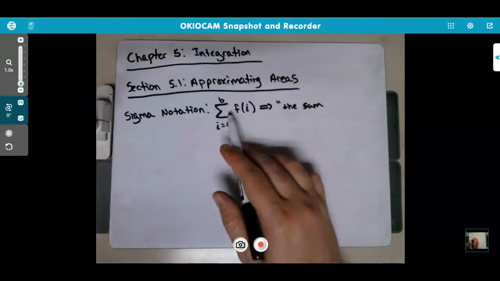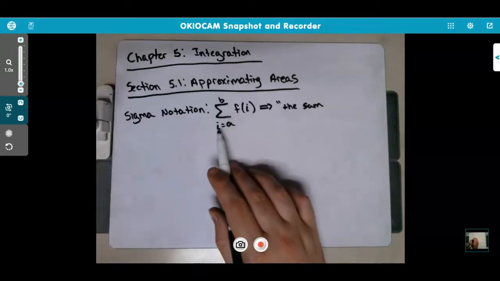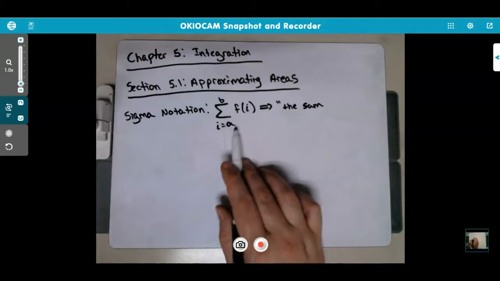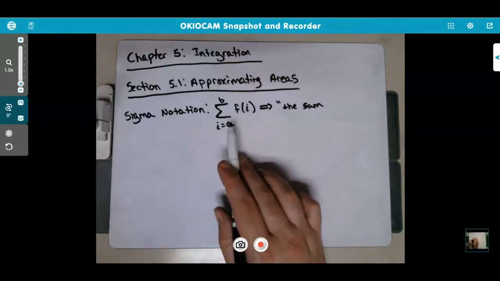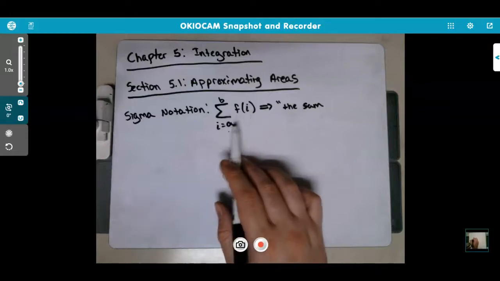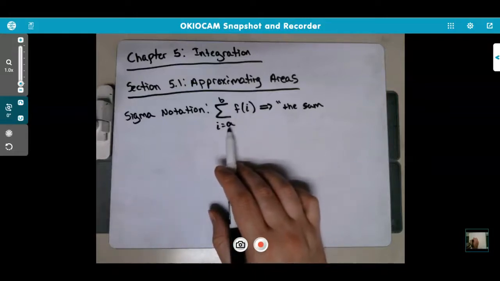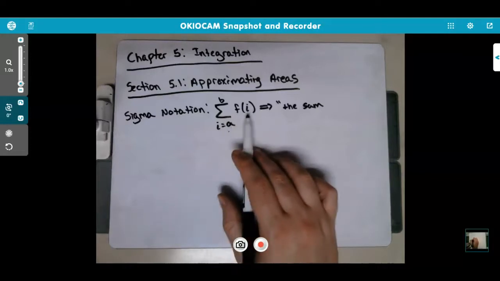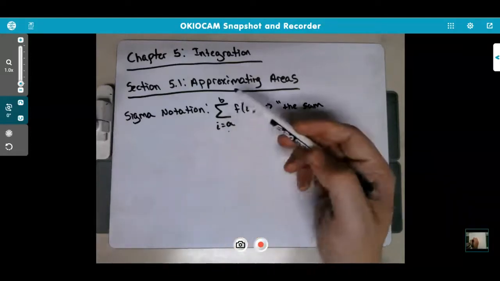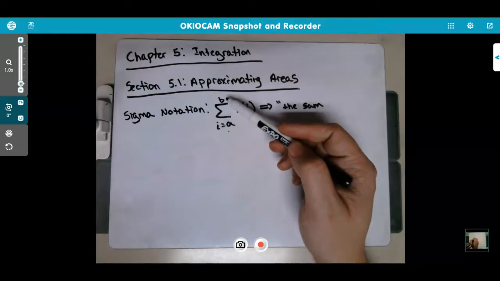What I'm going to add up is, I'm starting when I is equal to whatever A is. I'm going to start there, so I would plug in an A. After A, I would do one more. So like if A was equal to 2, I would plug in a 2, then a 3, then a 4, then a 5, on and on, until I get to whatever B is.